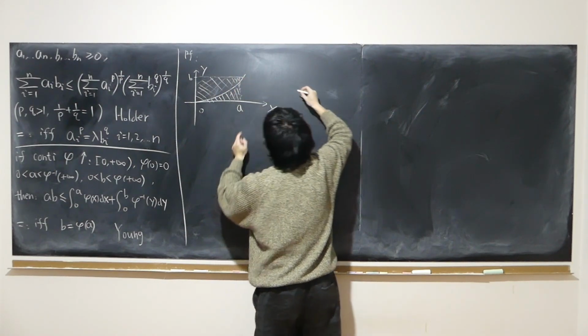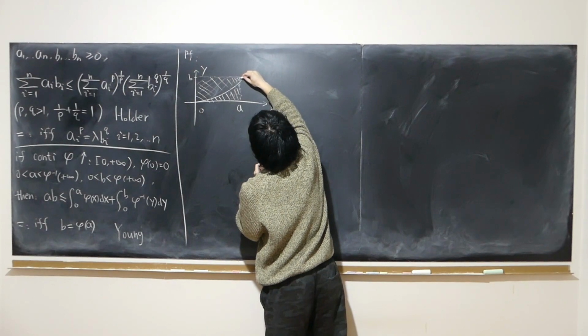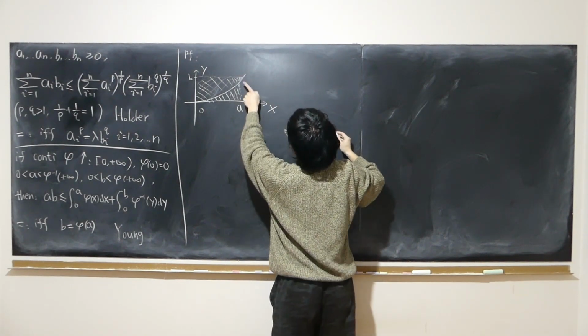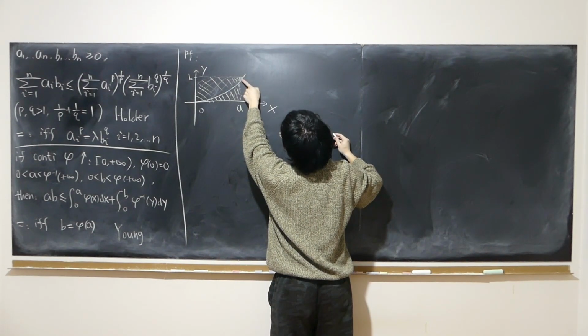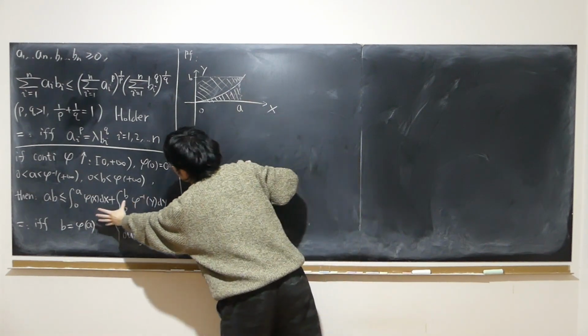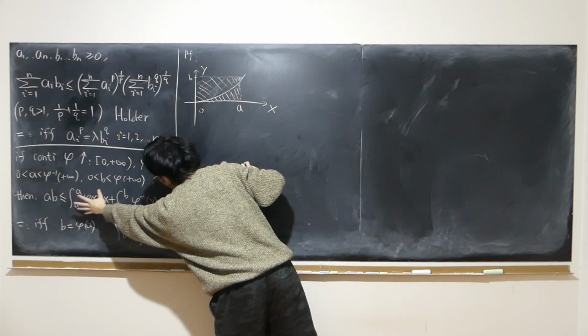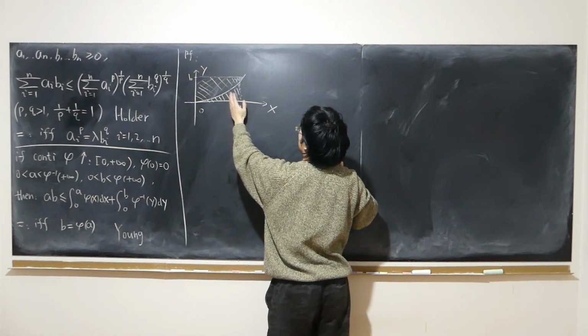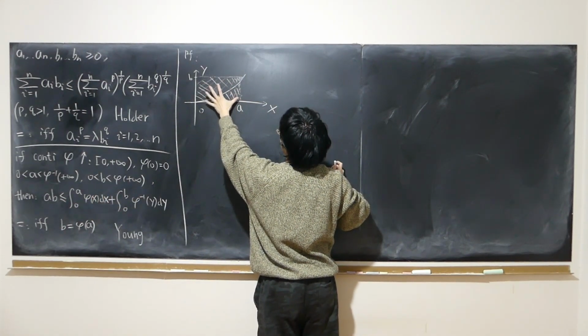The reason is because we have the area of this little bit, and the area of this little bit is what makes the right-hand side a little bigger than the left-hand side.